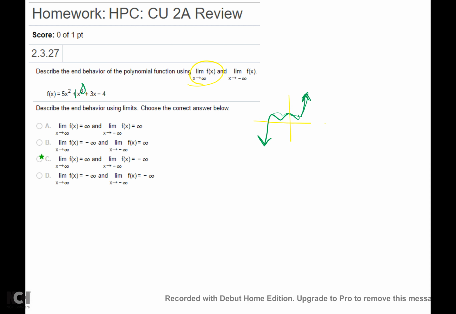So if you could draw an axis on here, it doesn't really matter where it's at, but as you pick bigger and bigger x's, what's happening to the y values? Well, all you have to do is look at the way the tail's pointing. It's pointing up, which tells me that the limit as x approaches infinity, in other words, as I look towards the right, this tail points up, which says that my function is going to go to infinity.